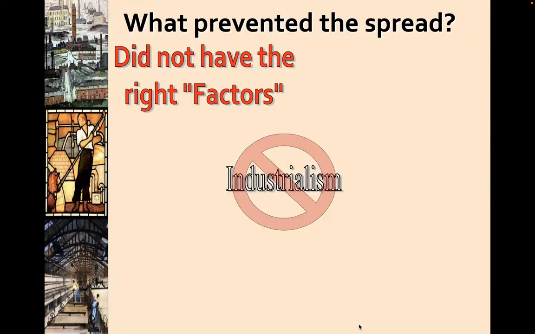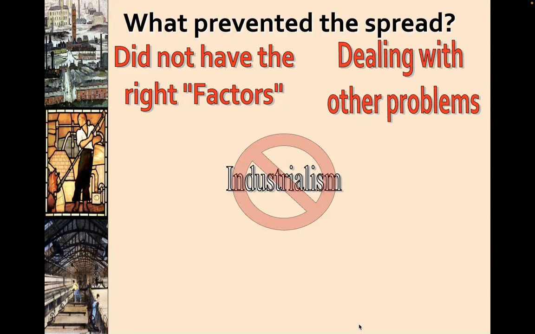They might have had labor, but they didn't have the agricultural system that allowed it to proletarianize. Or they had the money. I mean, France during this time period was the richest country in the world, but they didn't have the government involvement to be able to promote the investment. Overall, they didn't have the entrepreneurs.